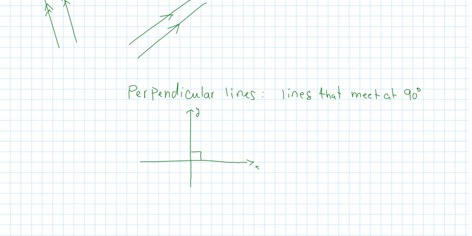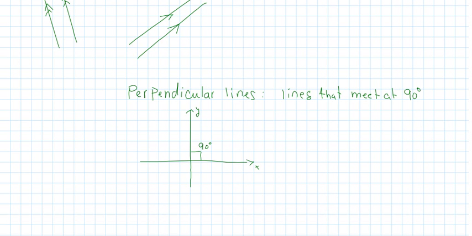This is the sign of perpendicular. When you have that little square in the corner where the angle is, that indicates 90 degrees. So I don't have to write the 90 degrees. That's an indication of two perpendicular lines.